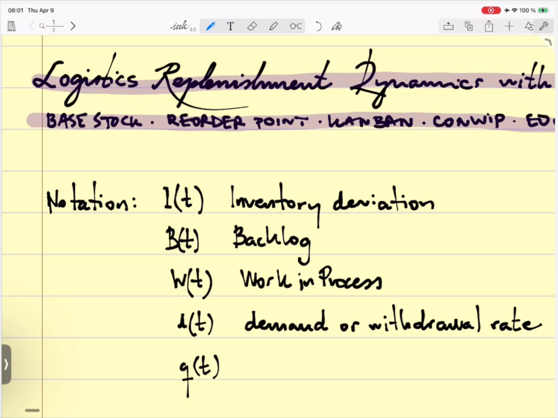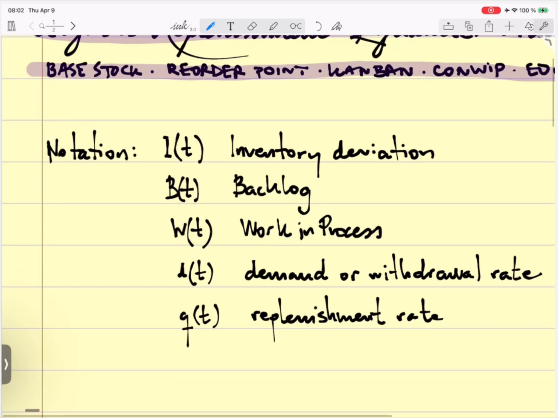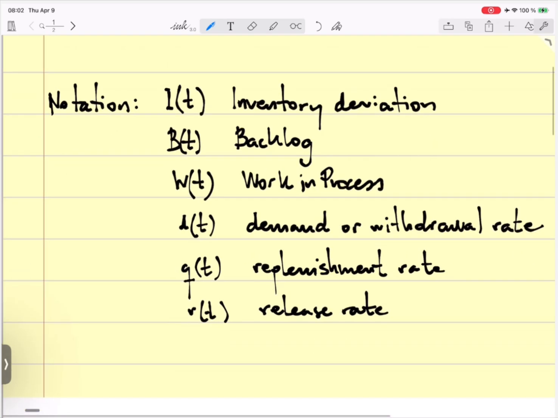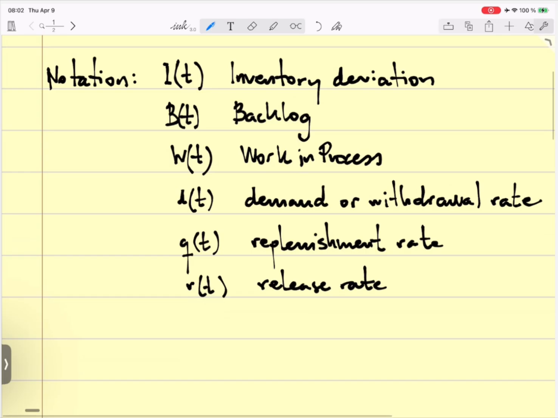Q of t is the replenishment rate, the speed at which I fill in the shelves. R of t is the release rate. C of t is the completion rate.